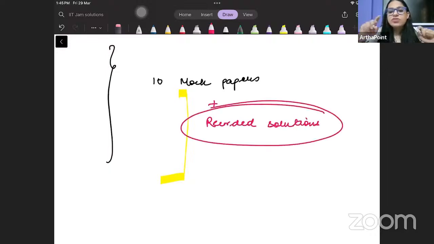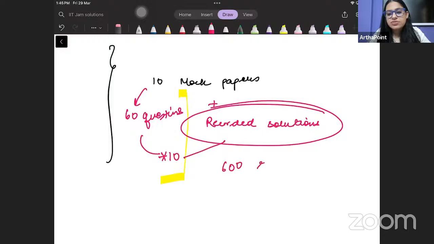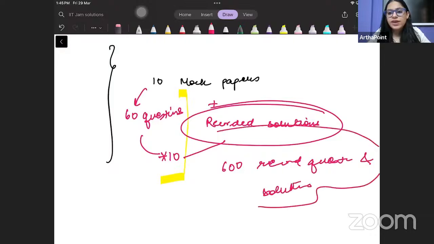So you will be given recorded solutions of these mock papers. Each mock paper will have 60 questions, and 60 into 10, you will be given 600 recorded questions and solutions. And these will be very useful for your final exam preparation, right beta?